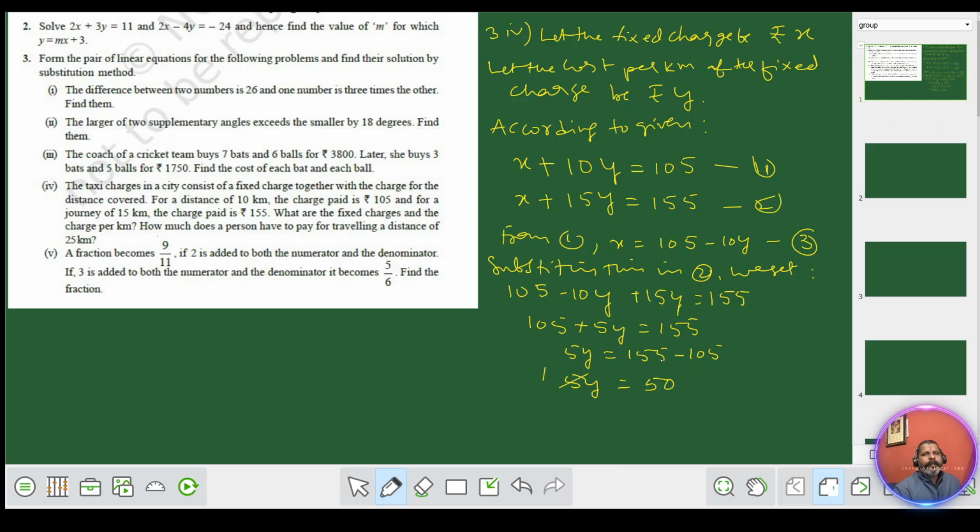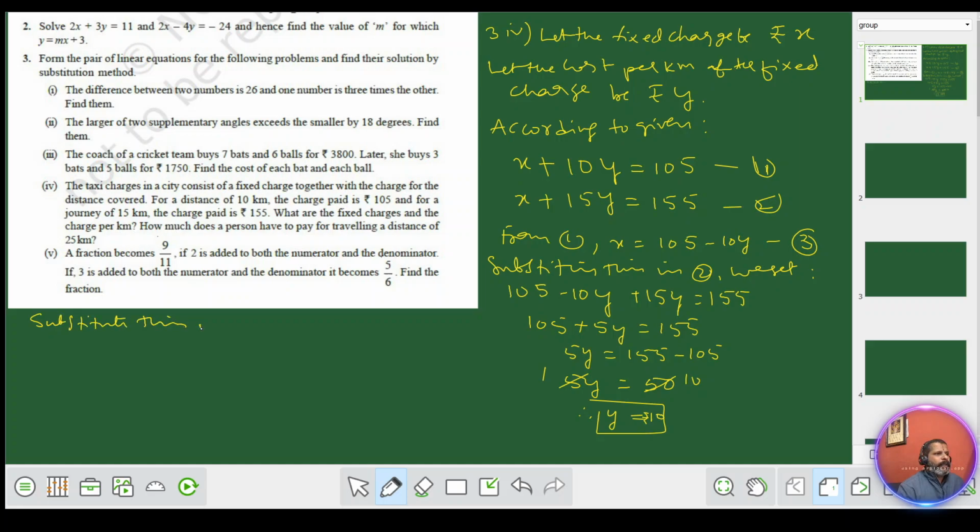Then cancel that. 5 ones are 5, 5 tens are 50, right? Therefore, y equal to 10. So put a rupees symbol here. Y is 10. Now substitute this in 3, we get the X value.